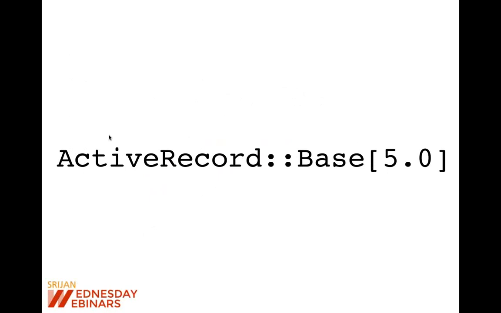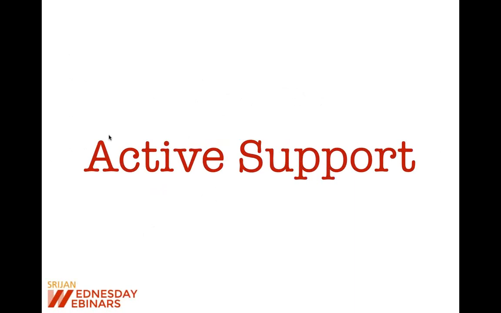The older versions will not have any version, but all the new versions, Rails 5 onwards, will have this version number in the migration file. And that will help Rails understand that this migration was made for this particular version. So it will make sure that the migration doesn't get affected by any future or older versions of the migration API. So this is a welcome change that has happened.